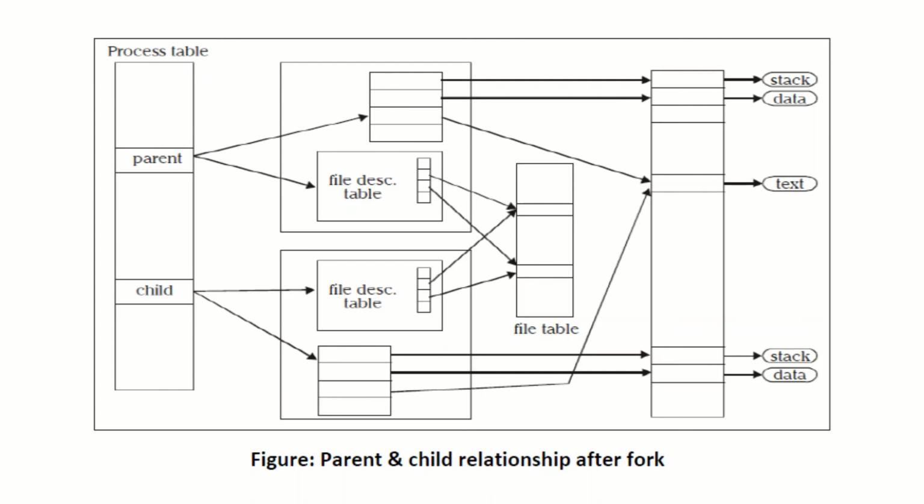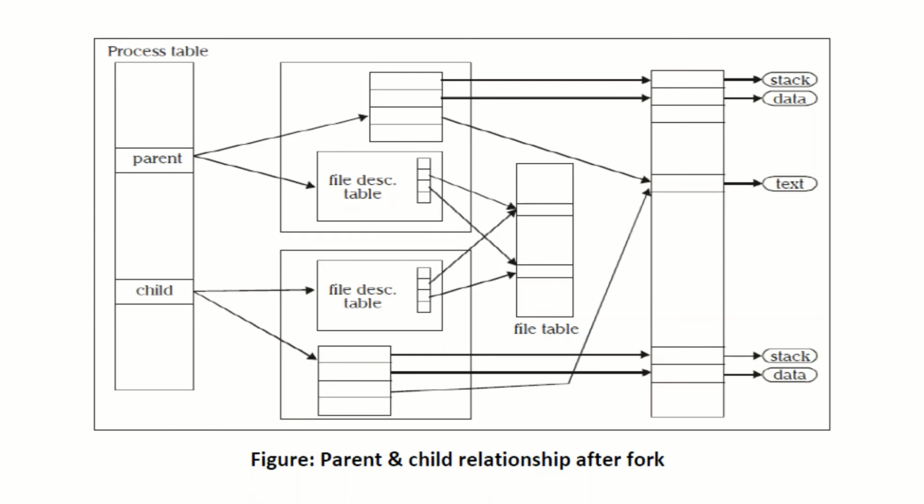When a process is created by a fork, it contains a duplicated copy of the text, data and stack segments of its parent, as shown in the figure.